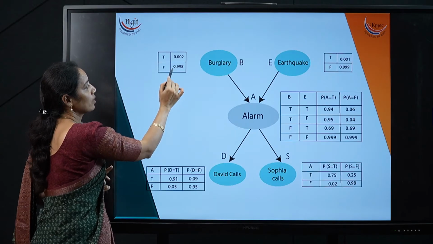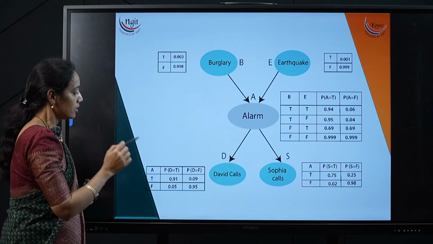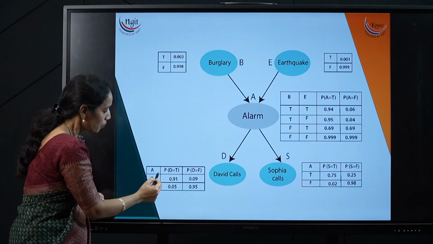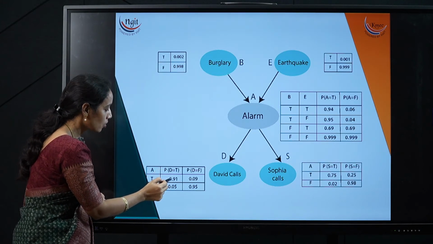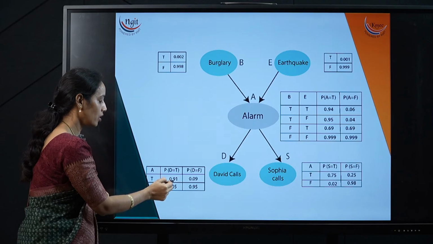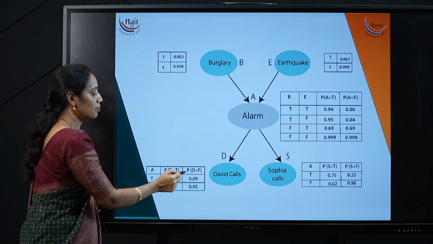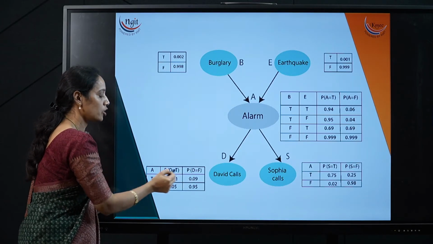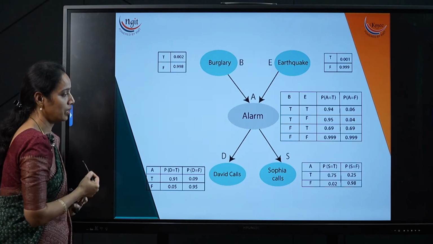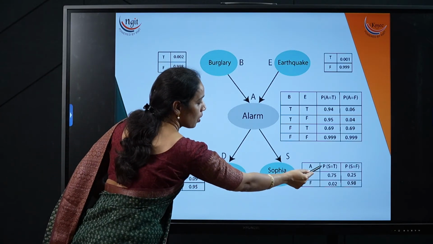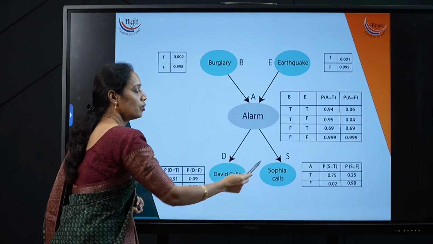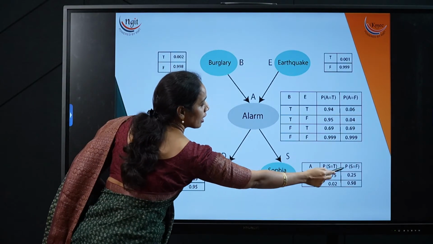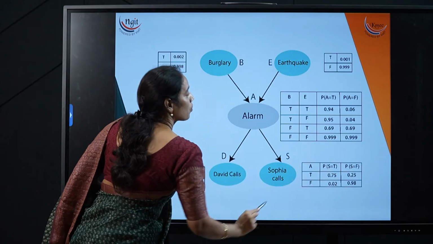Probability there is no burglary is 0.998. Similarly, given there is an alarm, the probability David calls is 0.91, and David doesn't call is 0.09. In the same way here, given there is an alarm, the probability Sophia calls is 0.75, and Sophia doesn't call is 0.25.